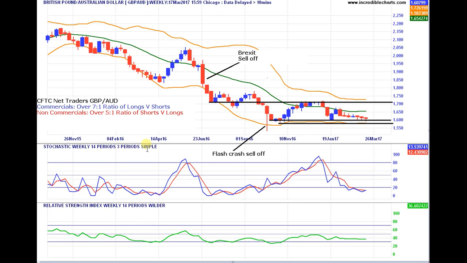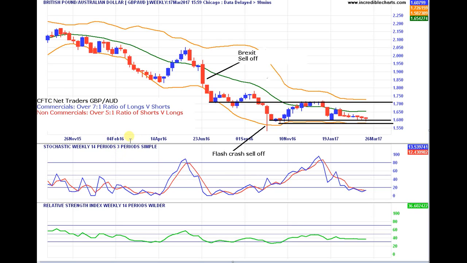Now, in terms of the net traders positions, you don't get them in the crosses, okay? So you basically have to work it out for yourself. But what you can do is look at the GBP USD, calculate what the commercials and non-commercials have got, and then look at AUD USD, calculate what they've got, and work out the ratios of how bullish or bearish they are. Now, I've done it here.